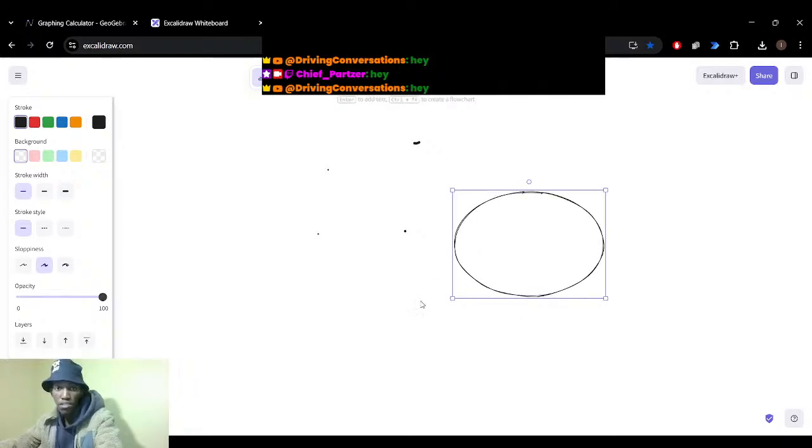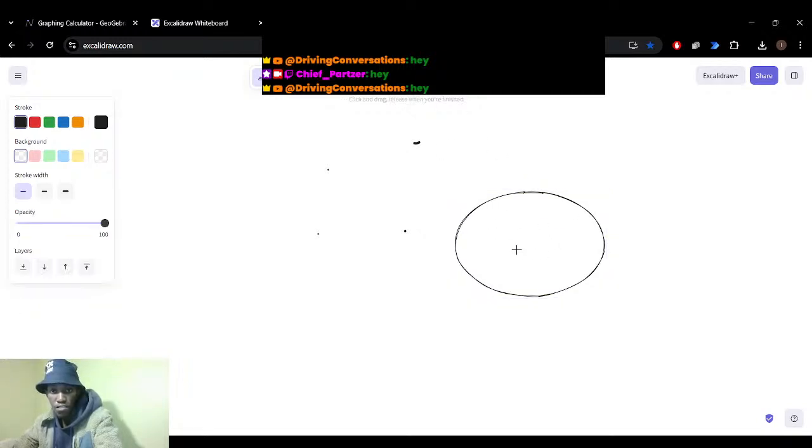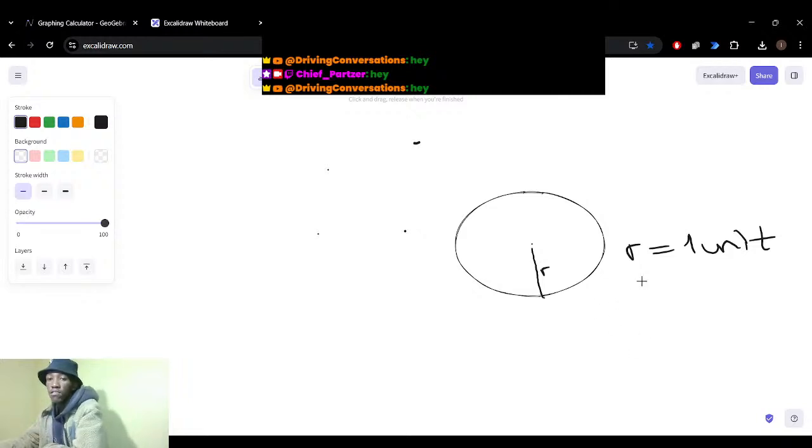This is our circle, right? And let's draw a center too. Let's call this a radius. So the radius is equal to 1 unit. Now, for the equation of a circle, let me just draw a Cartesian plane on top of the circle.